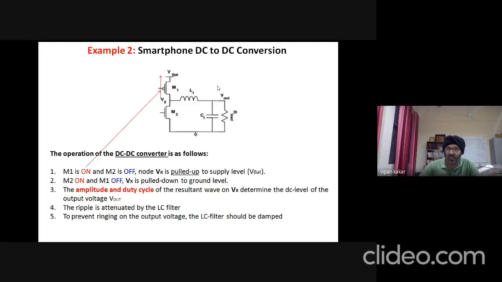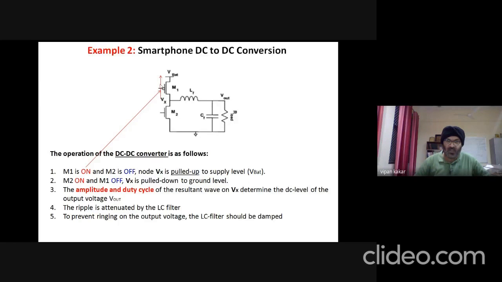So charging and discharging of the inductor will help us flow the current through the load, as we have done in AC to DC converters. Technical details will follow later on, but at this moment, just how these DC to DC converters are helpful in applications.